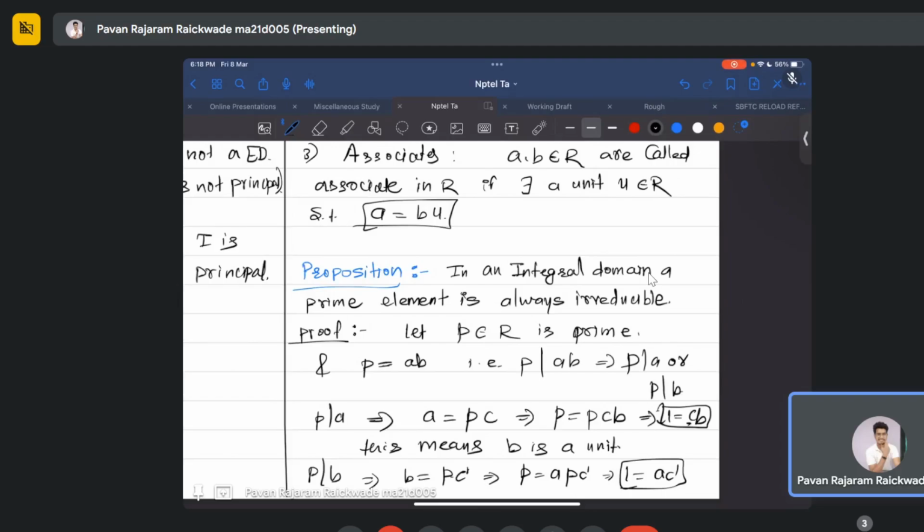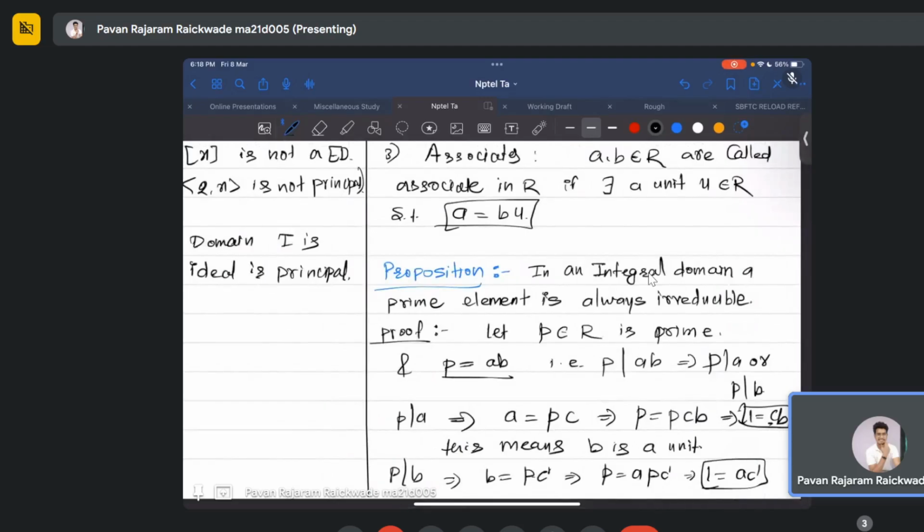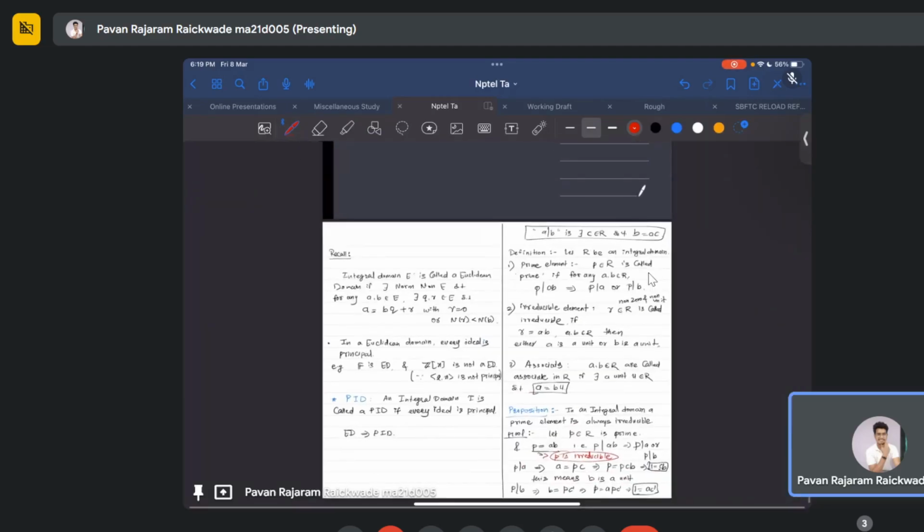This shows that P is irreducible. So whenever you write P equals AB, either of those is a unit. Okay, is this clear?